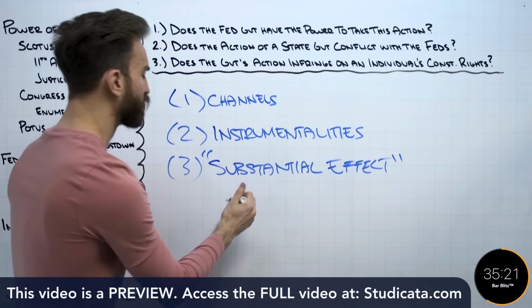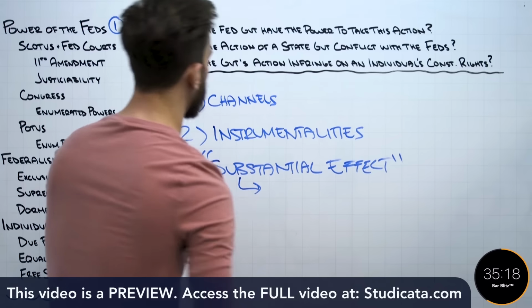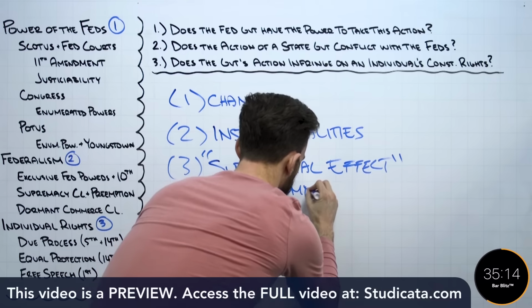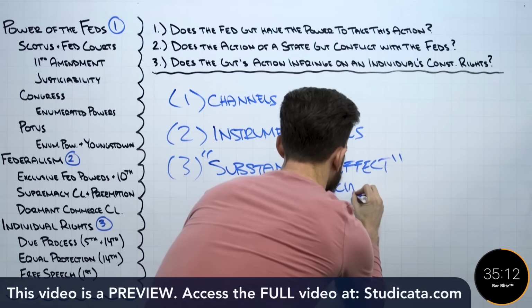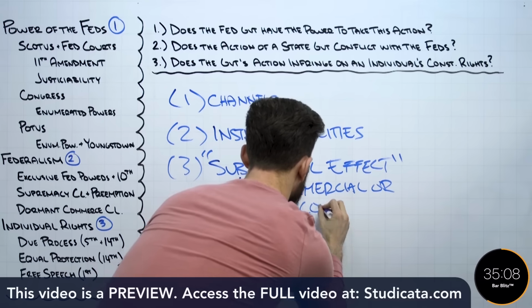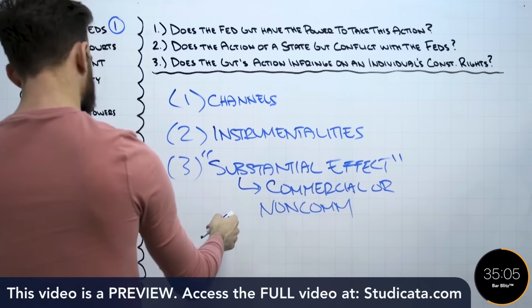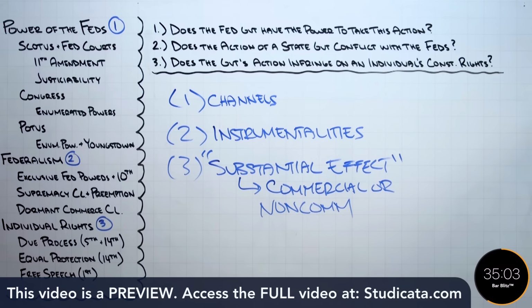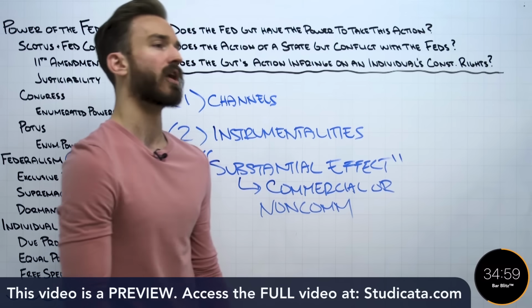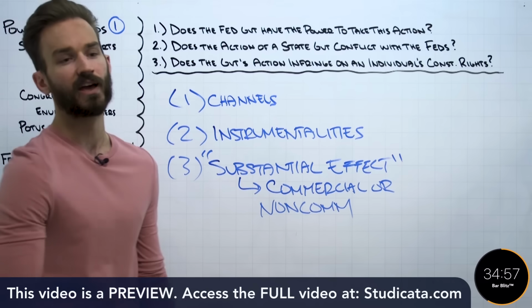Well, this analysis really comes down to whether the activity is commercial or non-commercial. If something is commercial, the activity is commercial or economic in nature. Classically, think about growing or producing crops.